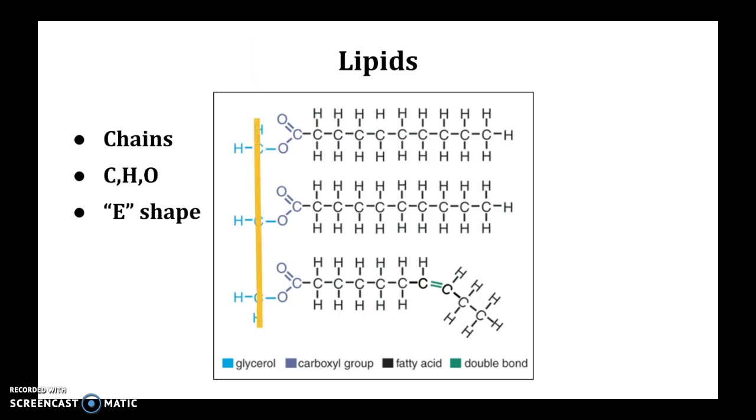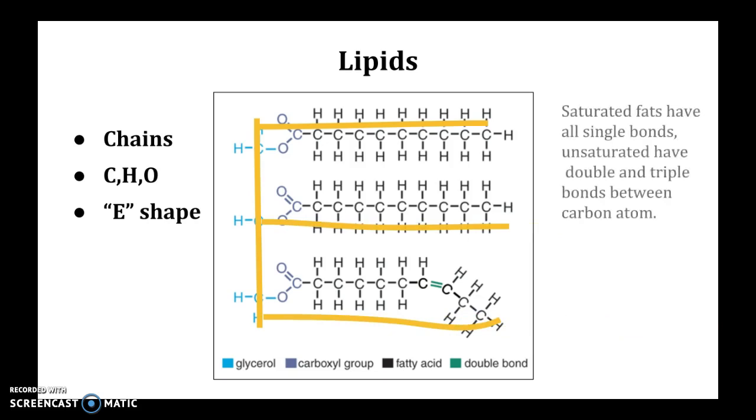Let's check out the characteristic E shape of a lipid. Saturated fats have all single bonds. These two tails, these two chains, are saturated fats, and we can tell because they have all single bonds.